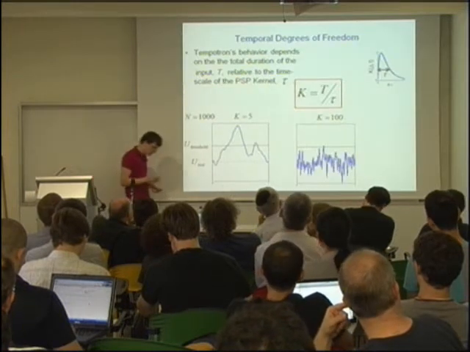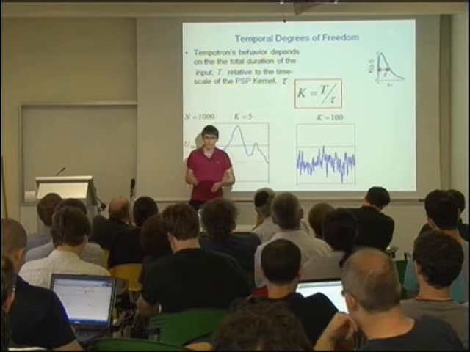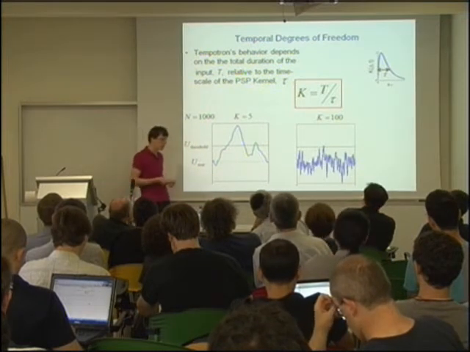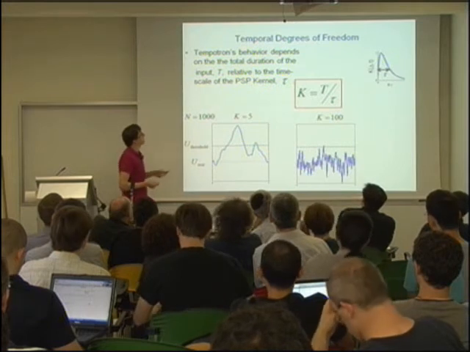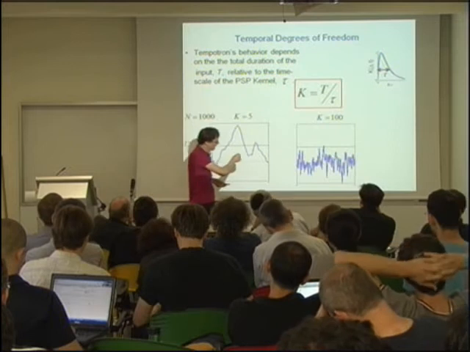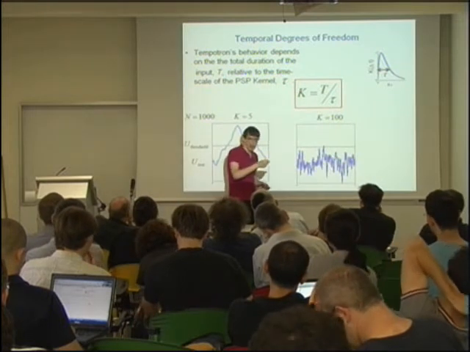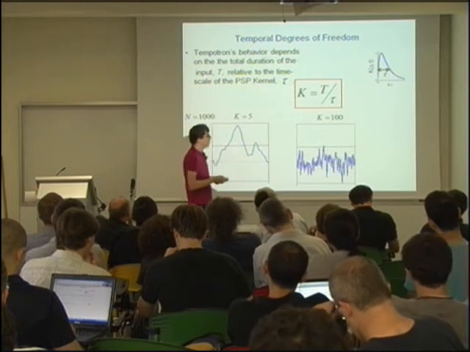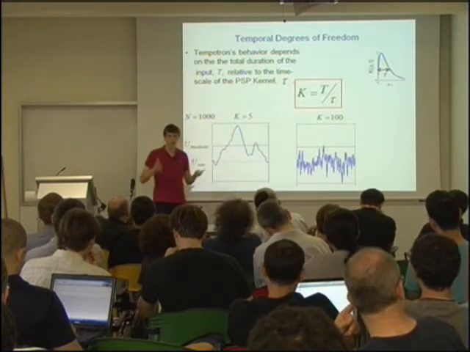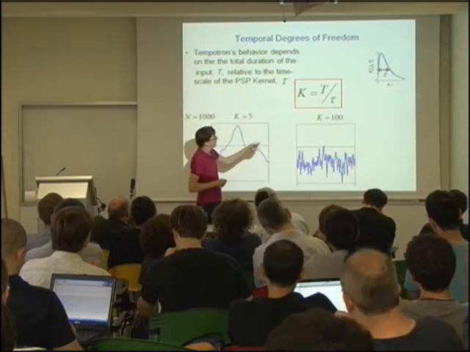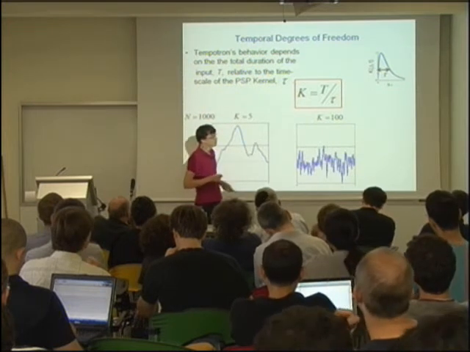So the main difference between the temperaton and the perceptron, or the additional element that we have in the temperaton, is the temporal degree of freedom, the freedom to choose when to spike at different times. The number of choices that we have, or how much freedom we have to choose, is determined by the time constant of the kernel.